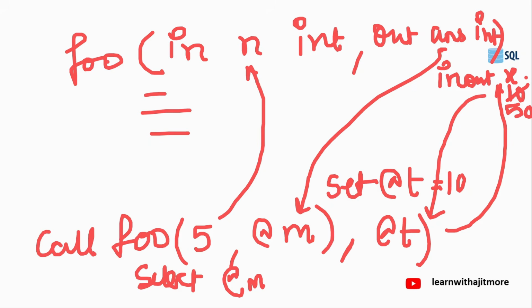Right, guys? If you have doubt in this, you can ask me. Or maybe when we solve the programs, when we see the examples, it may get clearer. Some level of understanding you have got. Maybe if you have not understood 100%, okay, but at some level you have understood, like in, out.